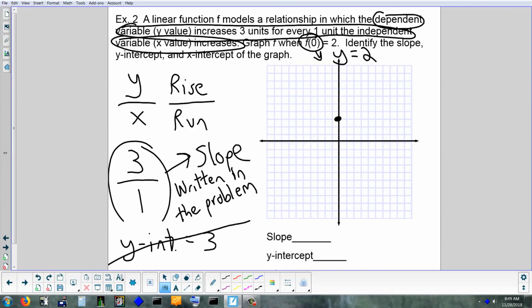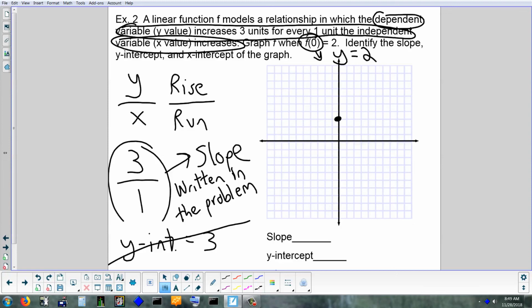Remember, it's slope-intercept form. I already used the slope. I already used the y-intercept. What do I have left to use? What other number's up there? 3 over. And what is that? Is that the y-intercept or is that the slope? Slope. So from here, what does the slope tell me to do?